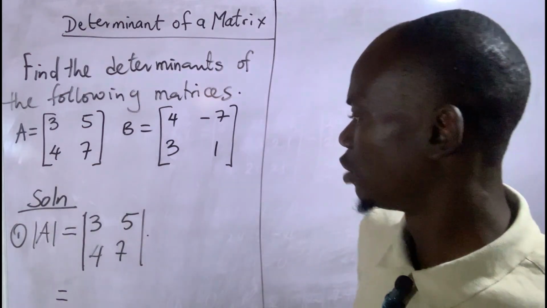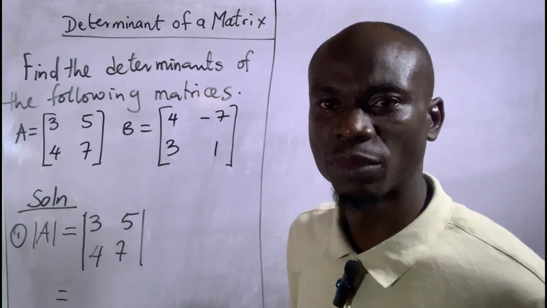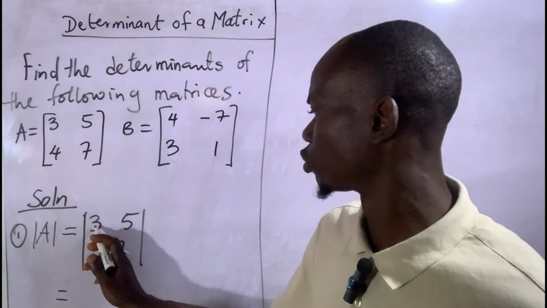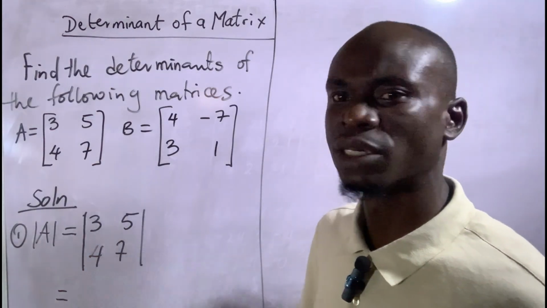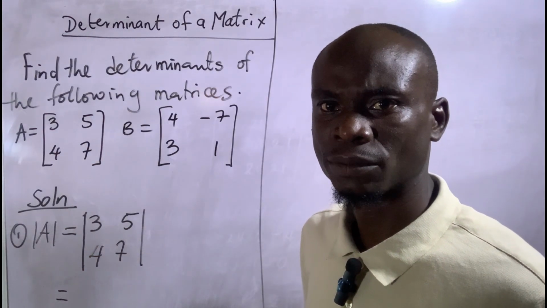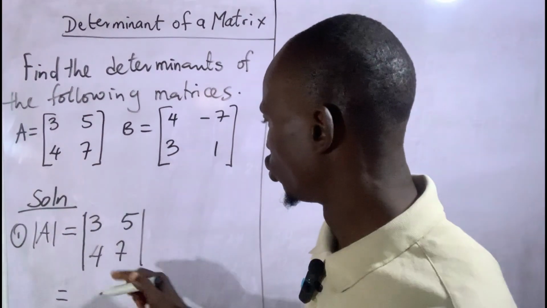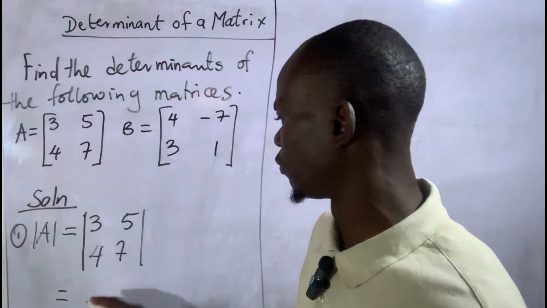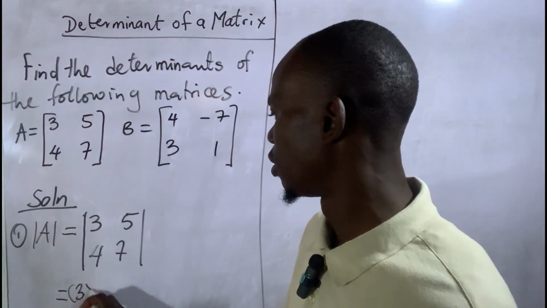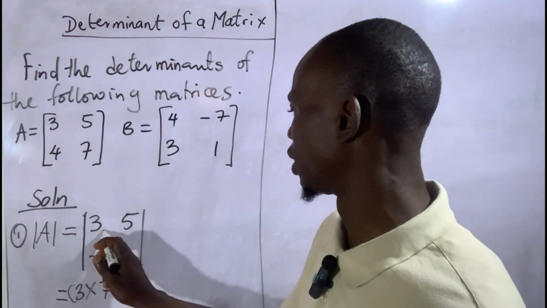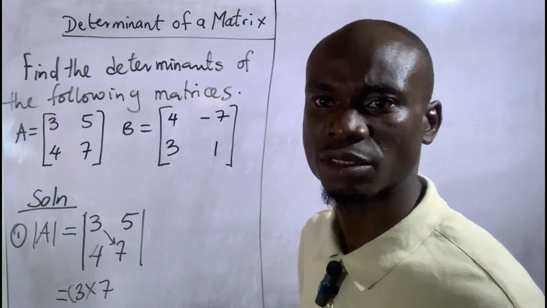okay, in multiplying a 2 by 2 matrix, all you need to do is to cross multiply and take the difference. When you do that, you are going to have, in this case, 3 times 7. Let me write it out. 3 times 7. So what I did, I just multiply these two guys.